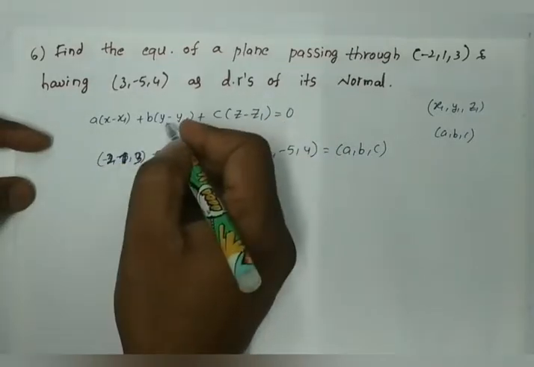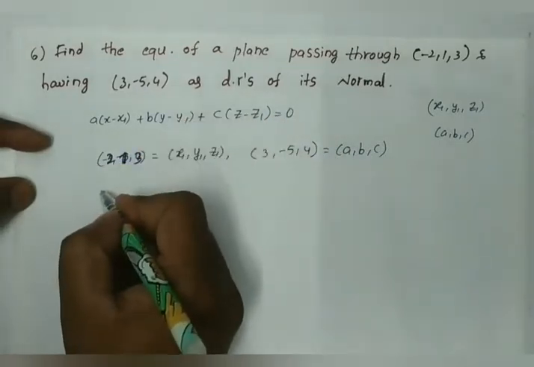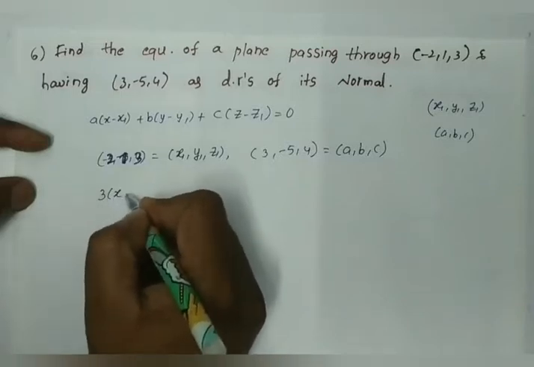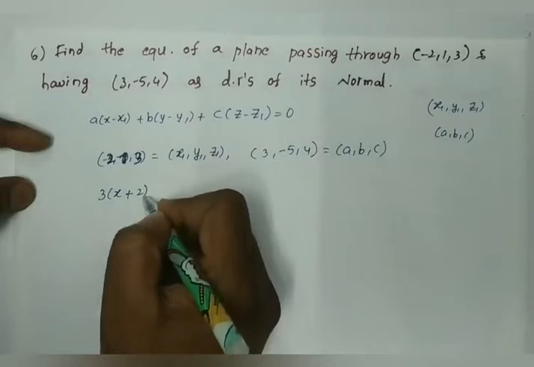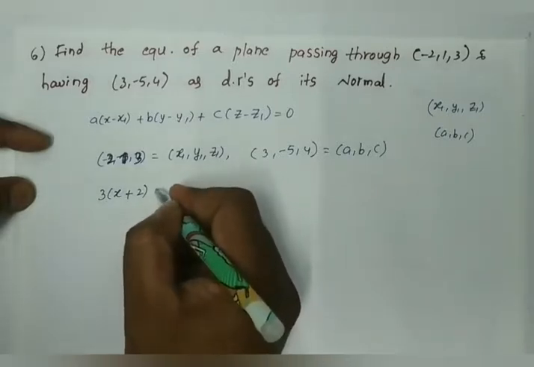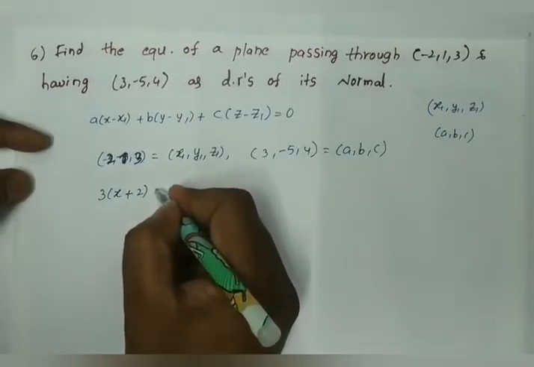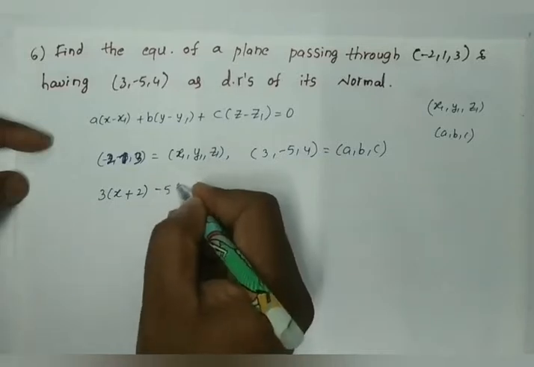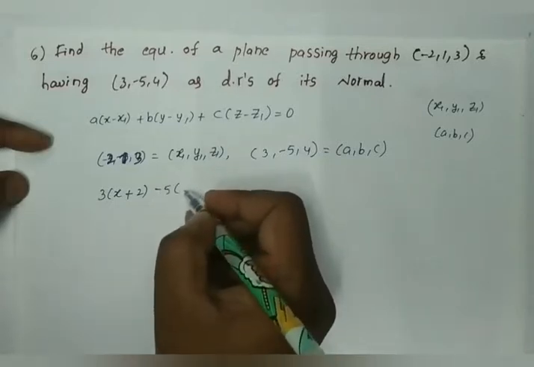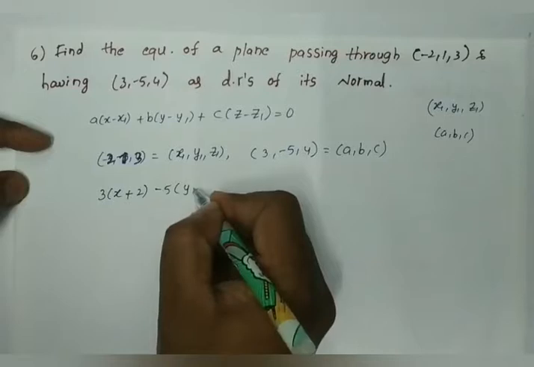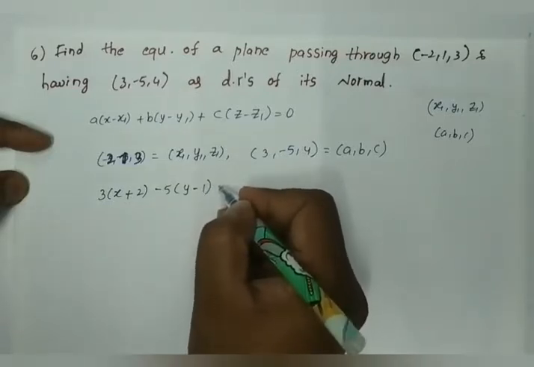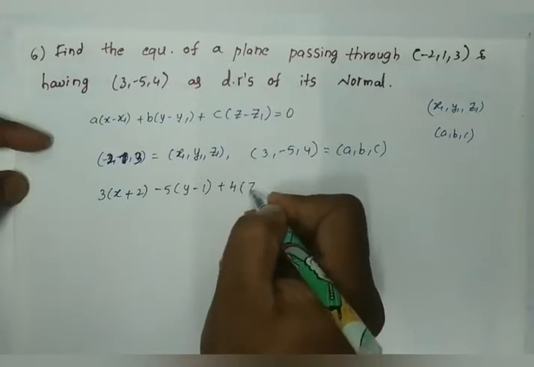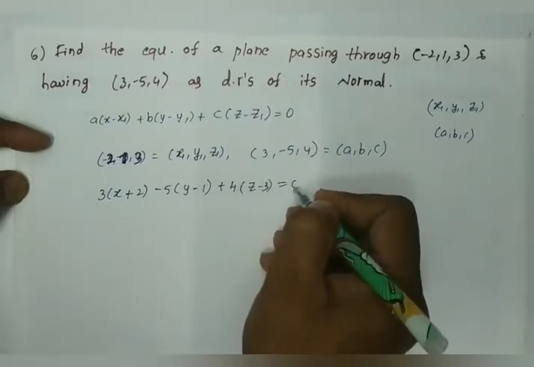So the formula becomes a is nothing but 3, into x minus x1, which is x minus of -2, plus 2, plus b is nothing but -5 into y minus y1, which is y minus 1, plus c is nothing but 4 into z minus 3 is equal to 0.